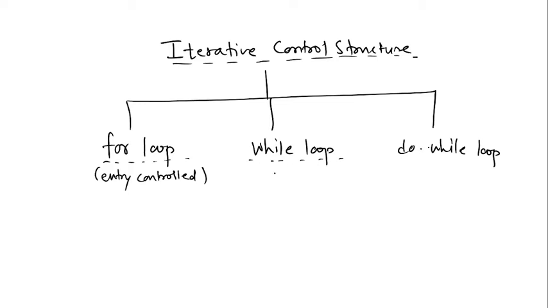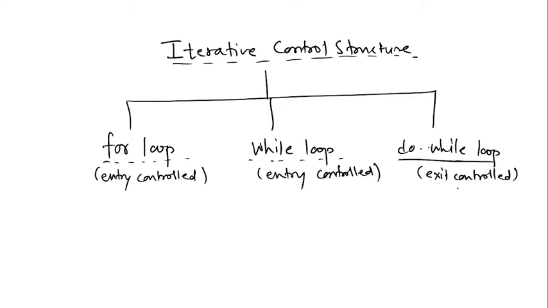Here also the condition is checked at the beginning, so this is also entry controlled. While a particular condition is true, you perform something. If the condition is false at the beginning, the body of the while loop is not executed at all. On the contrary, do while is exit control.